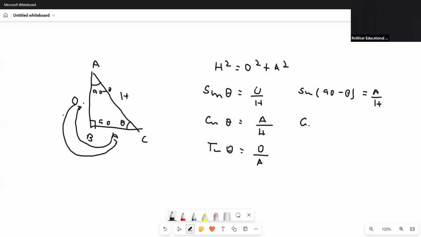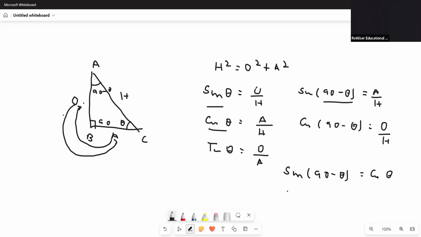Now, if I'm writing cos of 90 degrees minus theta, that will become O by H, because these two have interchanged their places. So cos theta is equal to sine of 90 degrees minus theta, right? Because both are equal to A by H. So sine of 90 degrees minus theta must be equal to cos theta.